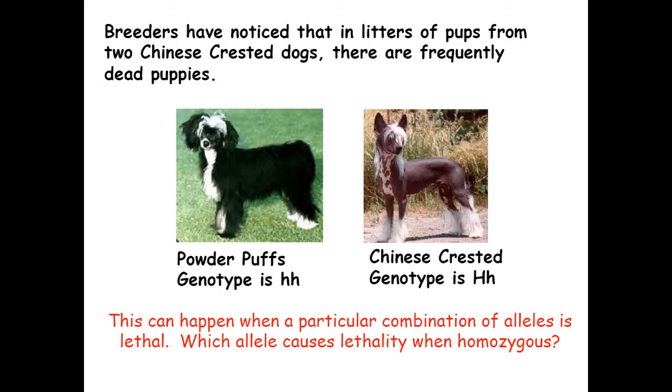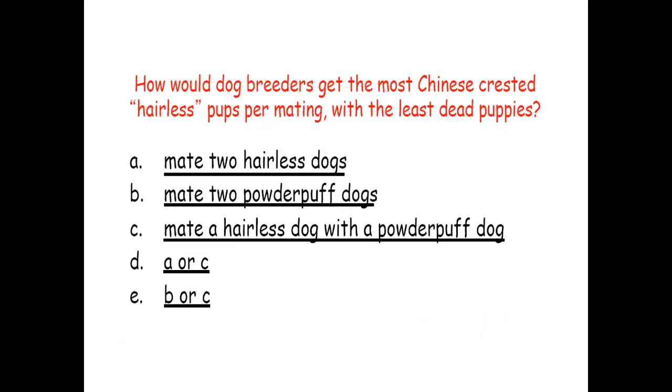And just in case you forgot, it's the heterozygous one. So the breeder wants the most hairless dog with the least dead puppy. What kind of cross would you do? The key word here is, what do you think the key word is? They don't want any dead puppies. Live puppies can be sold, but that one you can't do anything about, right?